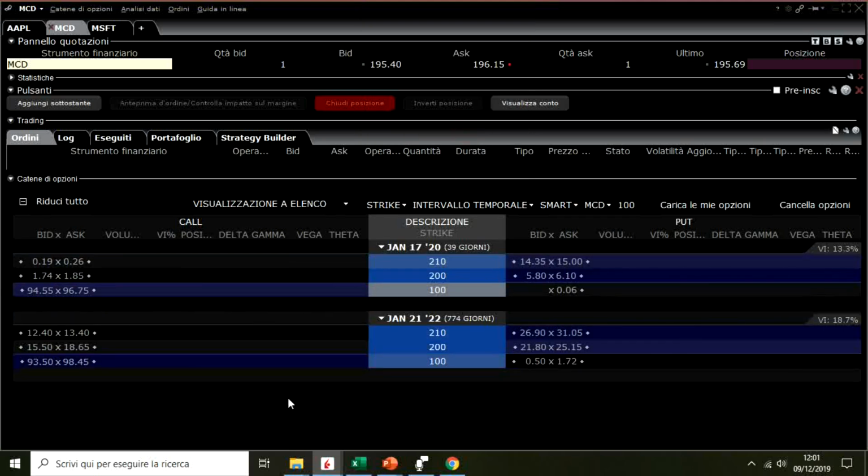Here, you could purchase today the call LEAPS for $96, let's say $97, which would mean to purchase 100 McDonald's shares for $100 each, and it would mean to purchase them for $197 actually, because you have the right to purchase for 100, but you paid $97 to have that right.